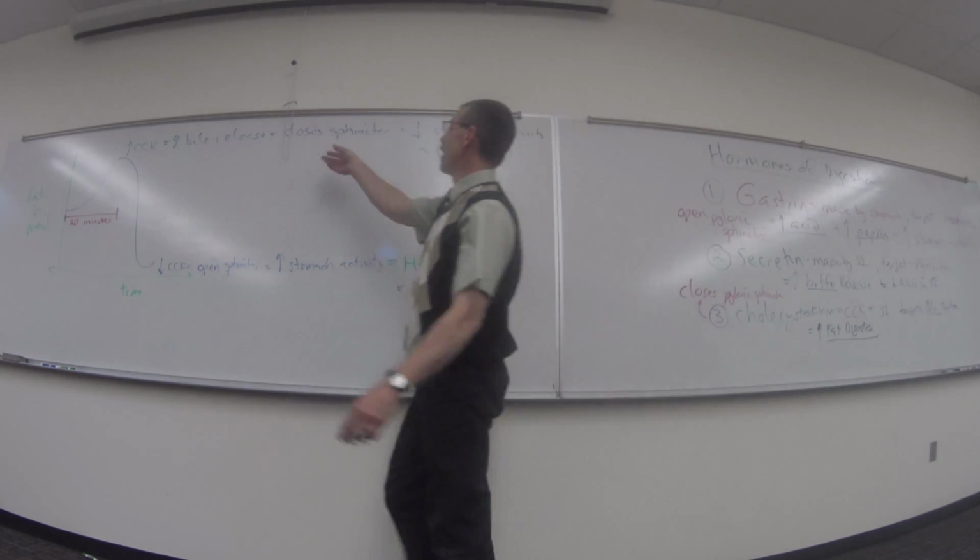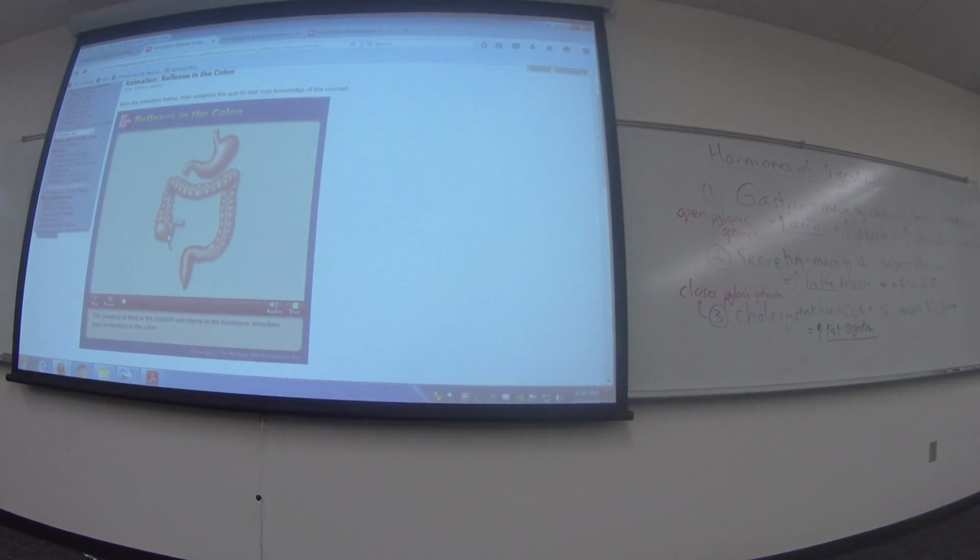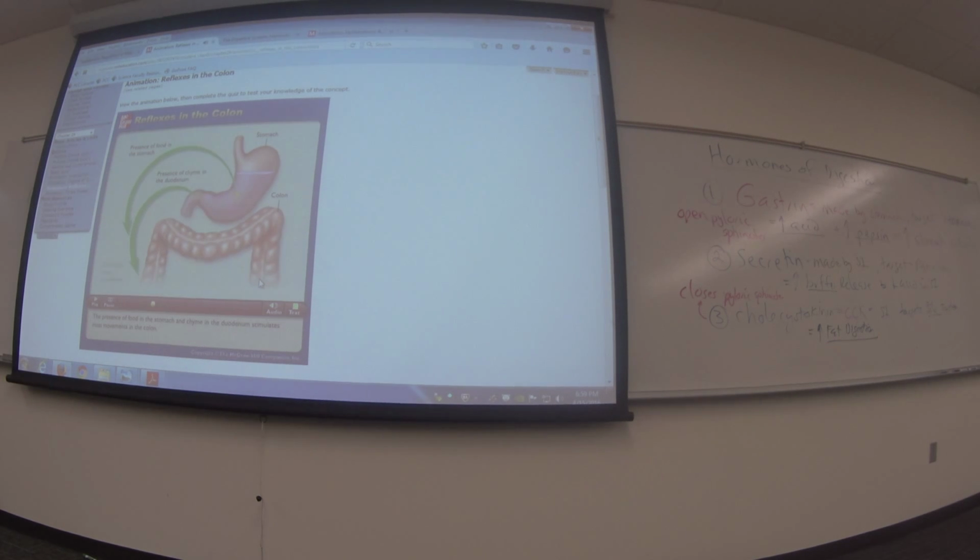Yes? Can it be faster? It can be. Depends on what you ate, partly. But let me show you that I'm not making this up. I was going to say like 20 minutes. Some people can't. Really? Yeah. The presence of food in the stomach and chyme in the duodenum stimulates mass movements in the colon.